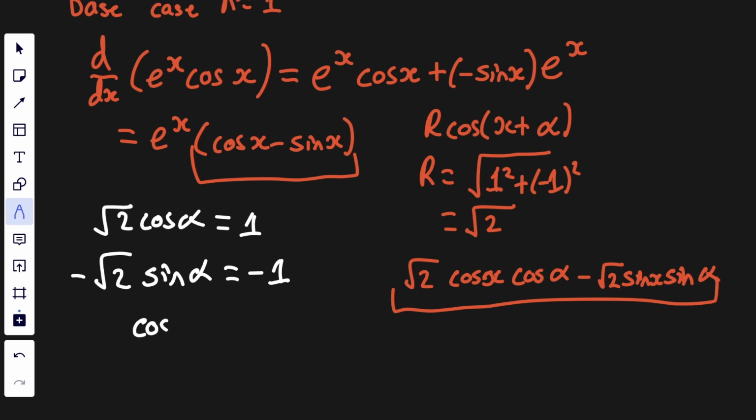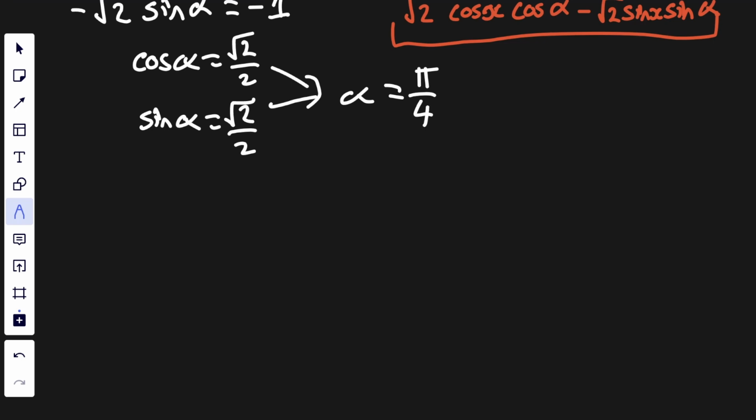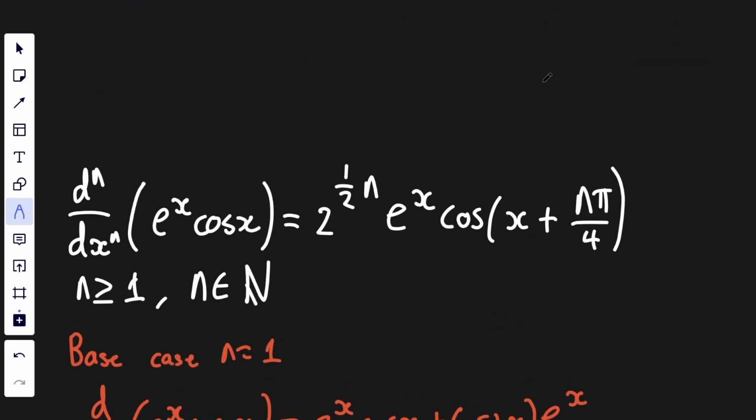This gets you that cos alpha equals square root of 2 over 2, and sine alpha also equals square root of 2 over 2. Both of these have the same angle as the solution, and that's pi on 4. So we're done with this example.